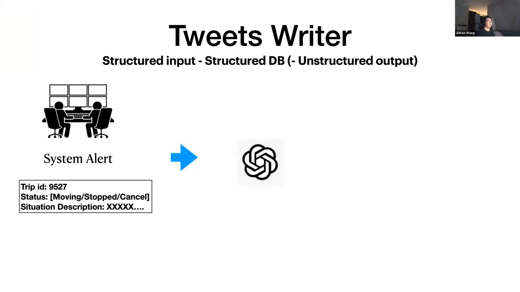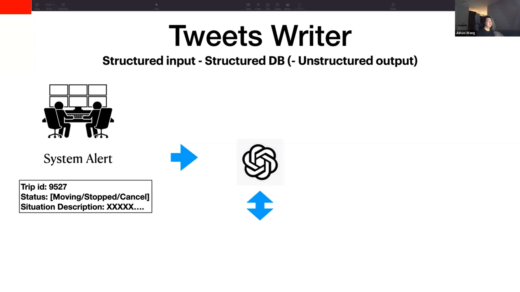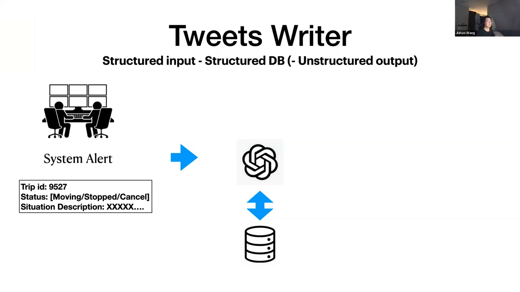After the GPT model or the Twist Writer gets this information, it will check whether it is too hard for the passenger to understand. It will automatically transfer the trip ID to an OD information matrix, and also the departure and arrival time of that trip, by interacting with the database that has the trip information.